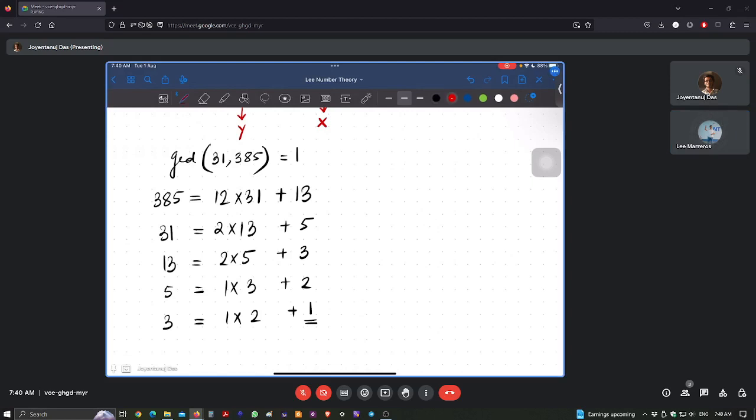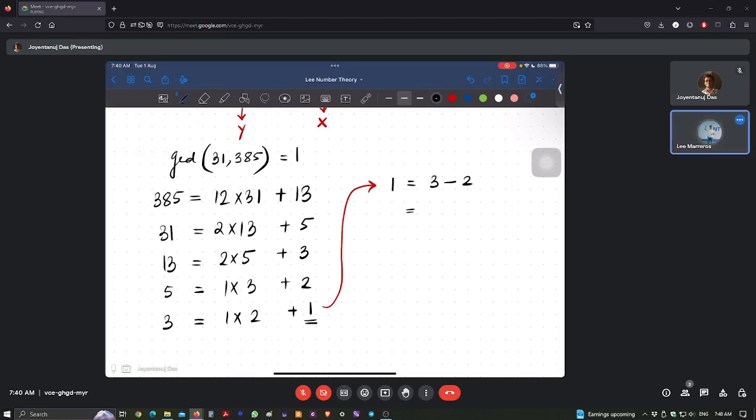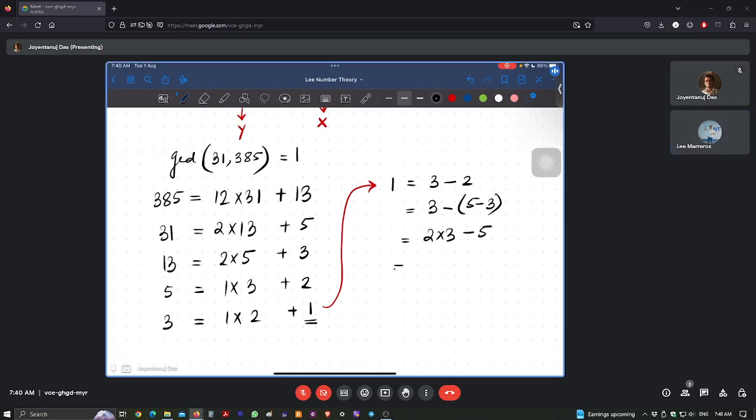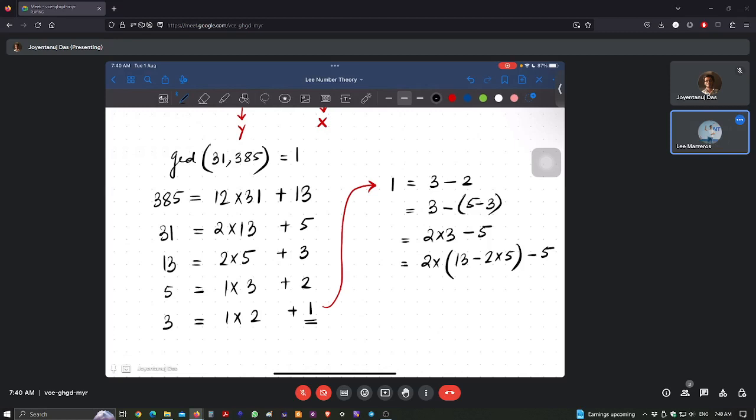So now I think we can backtrack. From here, 1 is nothing but 3 minus 2. So that is 3 minus (5 minus 3), which is 2 times 3 minus 5. Now 3 we need to replace: 3 is equal to 13 minus 2 multiplied by 5.